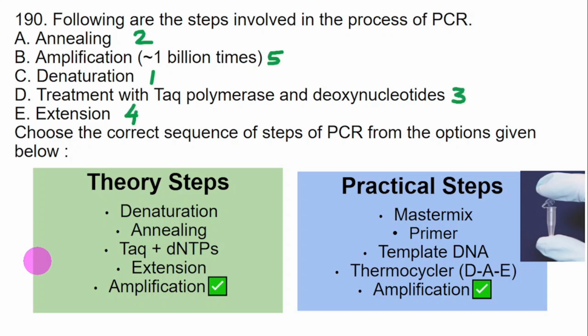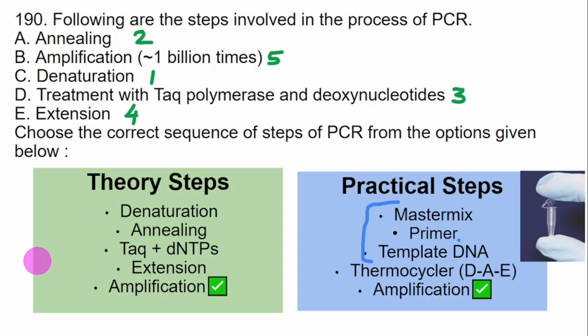Practically, when PCR is done, the first thing you do is prepare this cocktail, which is the master mix, and then the primer and your template. This master mix will contain buffer and important ions like potassium, magnesium and ammonium to neutralize the negative charge on the DNA and primer. And then the Taq polymerase is also there.